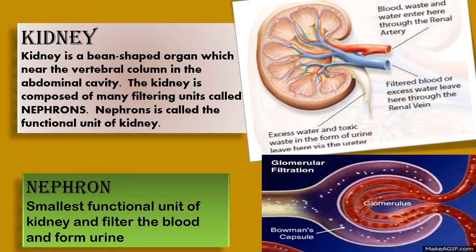Glomerulus is enclosed in a capsule, and this capsule-like portion is called Bowman's capsule. The Bowman's capsule extends into a fine, highly coiled tube, and these tubes from various nephrons converge into a collecting duct which finally goes to the ureter.